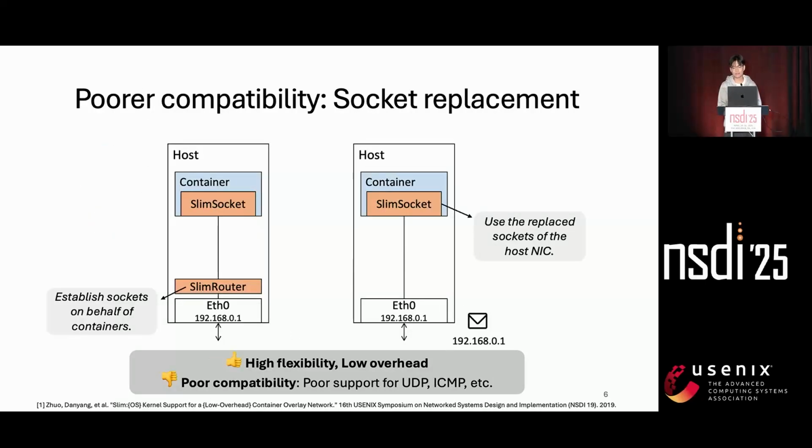To eliminate the overlay network overhead, prior work like SLIM introduced a socket replacement mechanism, allowing containers to use sockets established on the host NIC, thereby avoiding overlay network overhead. However, they have poor compatibility for connectionless protocols like UDP and ICMP, limited by their socket-based design.